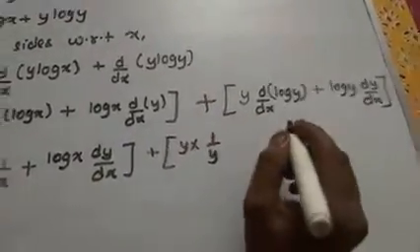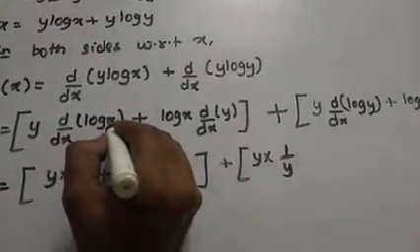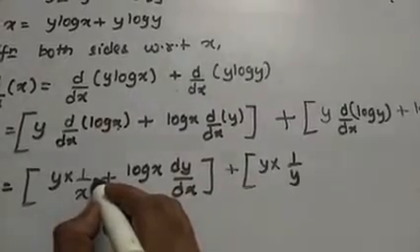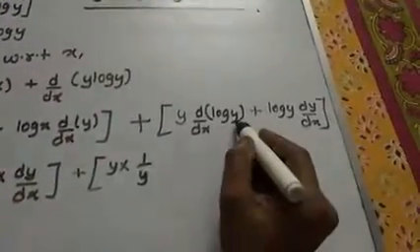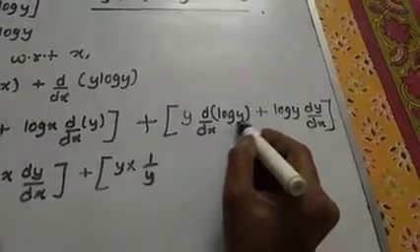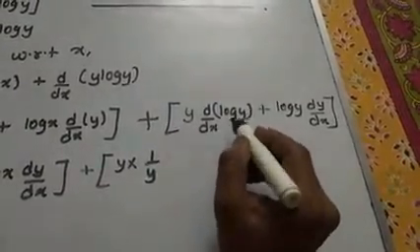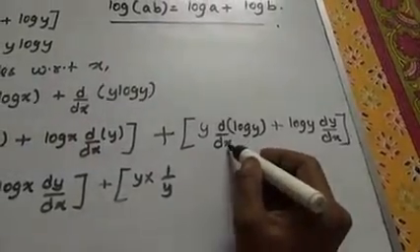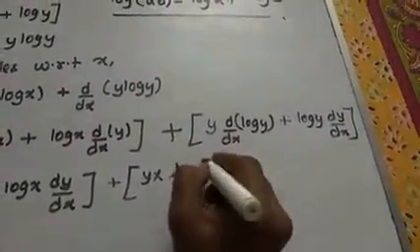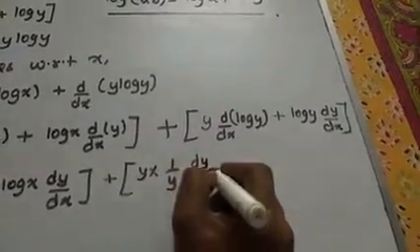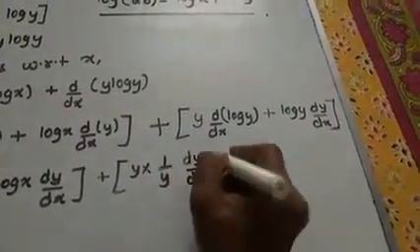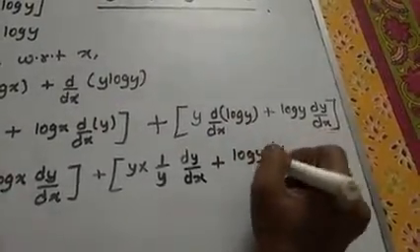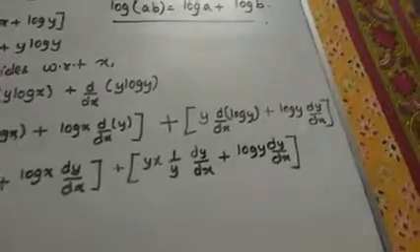But one thing to be noticed: here is our x, here is also x, both are the same, so we stop the differentiation here only. But here this is y and this is x, these two are not the same, so by the chain rule we will further differentiate y with respect to x, and here log y dy by dx. Clear?